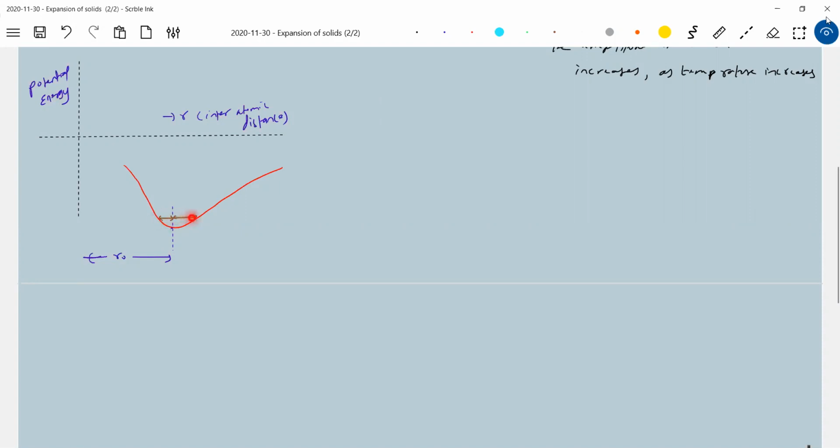Now look at the length here. It is more on this side than this one. So altogether, the distance between atoms will increase.